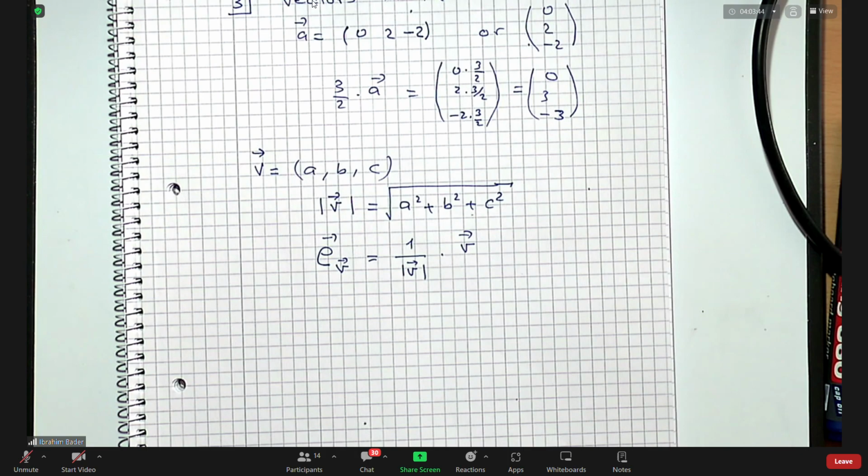Things like when lines are parallel or orthogonal, which means perpendicular to each other, we will need some more theory behind that, like the multiplication, dot product, and cross product of vectors. That is what we will be doing next week.